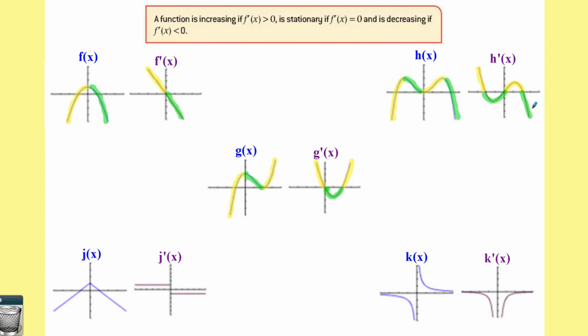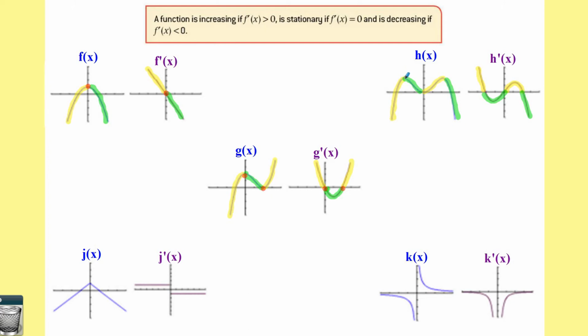All right, now what if we look at just the turning points? So where the yellow and the green meet, we've got a turning point there. Well, notice the turning point is where it hit the x-axis. Turning point here, both of them are on the x-axis, on the derivative.